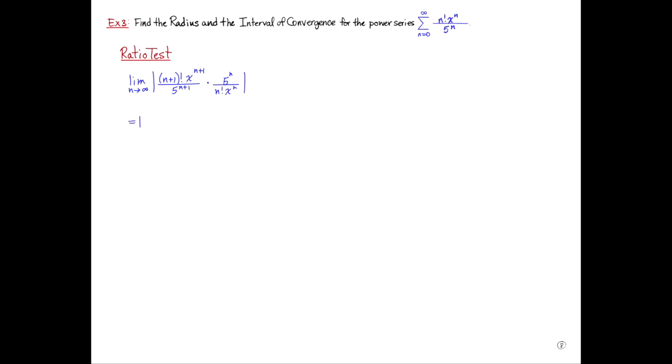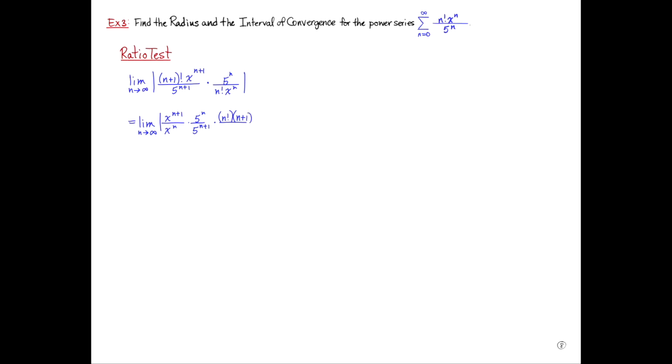Simplifying, this is equal to the limit as n approaches infinity. Let's group our like terms. We have the absolute value of x^(n+1) over x^n times 5^n over 5^(n+1) times, in the numerator, we can rewrite (n+1) factorial as n factorial times (n+1).